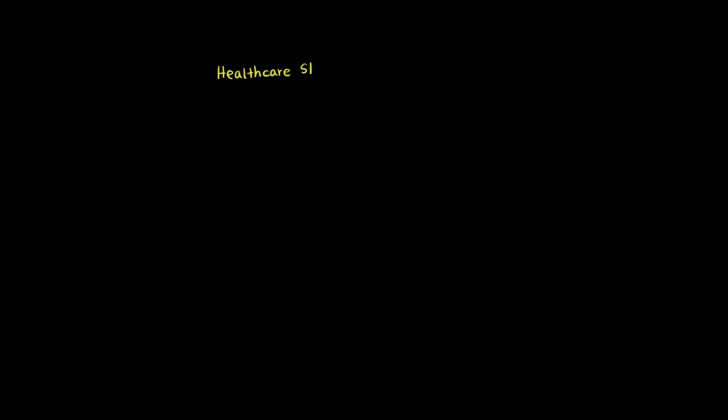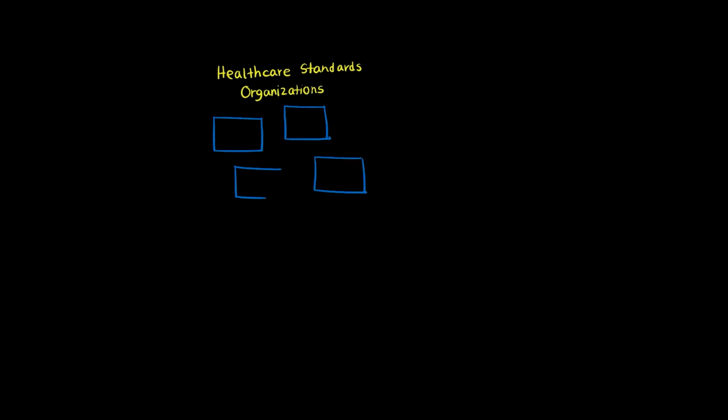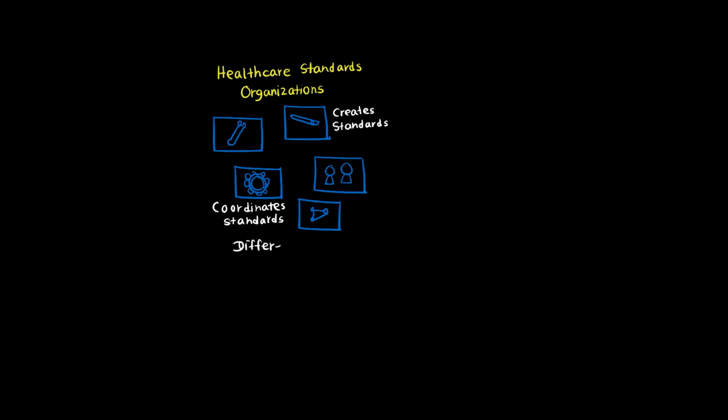Let's explore the landscape of healthcare standards organizations and understand their different roles. When it comes to health information technology, multiple organizations develop and coordinate standards. Some organizations create new standards from scratch, while others focus on coordinating the use of existing standards. Integrating the Healthcare Enterprise, or IHE International, takes a unique approach.